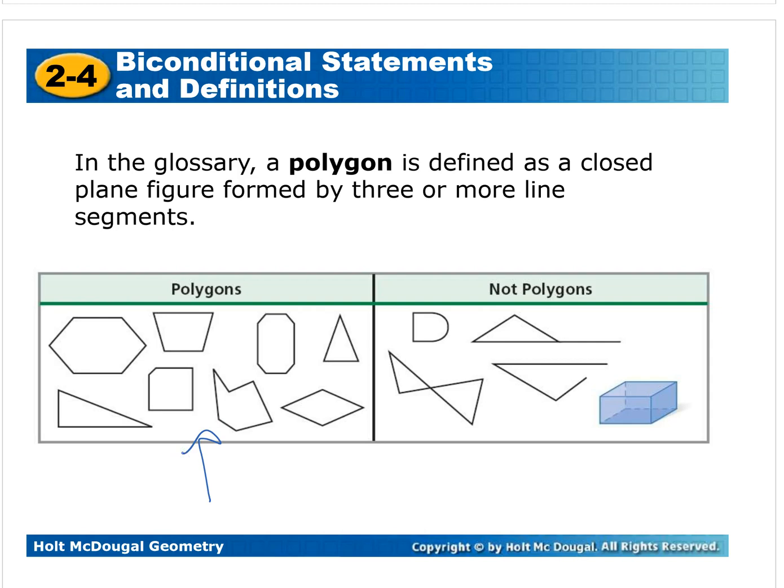Now these on the right hand side are not polygons because this one has a curve, this one has a little excess, this one is not enclosed, this one is actually 2 polygons, it's got kind of a bow tie shape going on, and this one is 3-dimensional. So it needs to be 2-dimensional, a plane, and it needs to be formed by 3 or more lines.